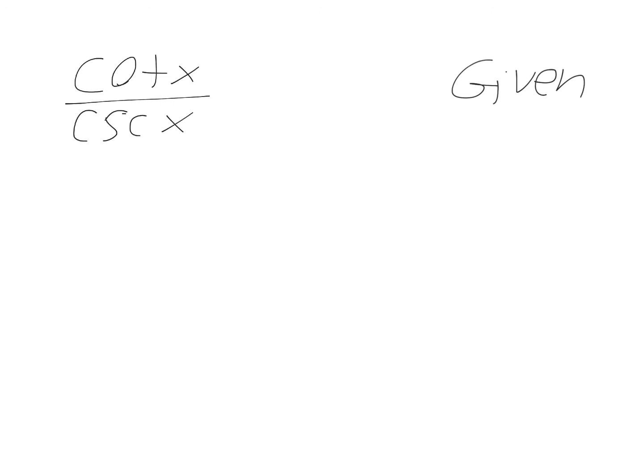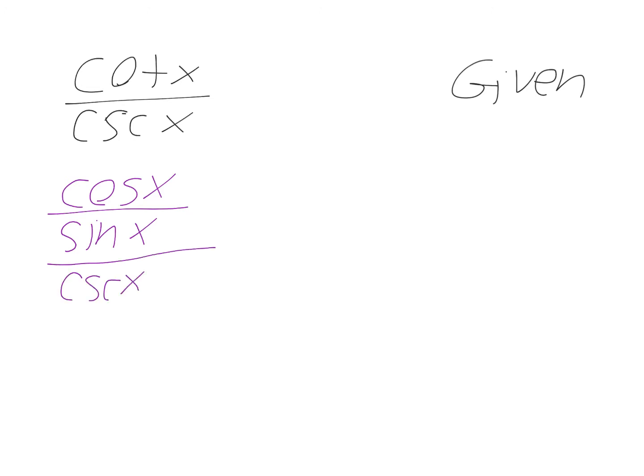So to do that, I'm going to replace my cotangent x with the quotient identity of cotangent, which is my cosine of x divided by my sine of x, and I still have underneath that divided by my cosecant of x. I'm able to do that because of my quotient identity for my cotangent.